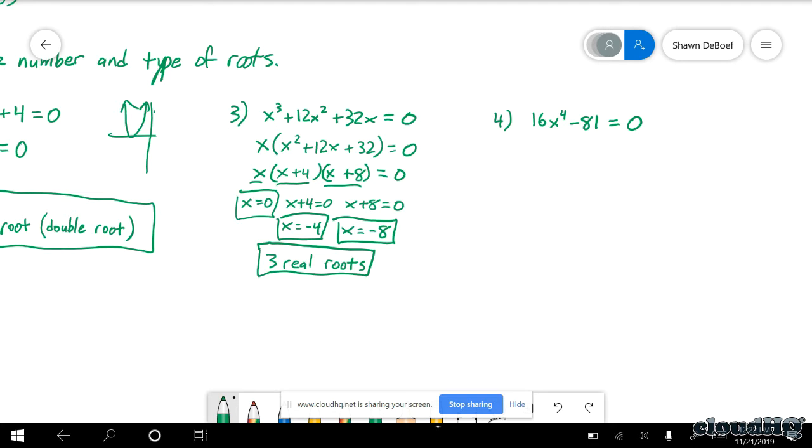Let's factor that. It is a difference of 2 squares. Goes to 4x squared plus 9, 4x squared minus 9.